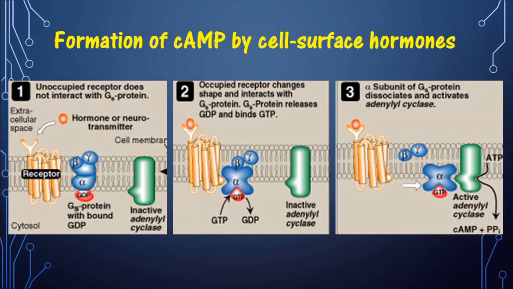The mediator becomes the G protein: the receptor is linked to the G protein, which is inactive, and when the receptor binds to the hormone, the G protein gets activated and dissociates into its subunits. The dissociated activated G protein, which has a GTP bound, will go and activate the adenyl cyclase so that ATP is converted to cyclic AMP.